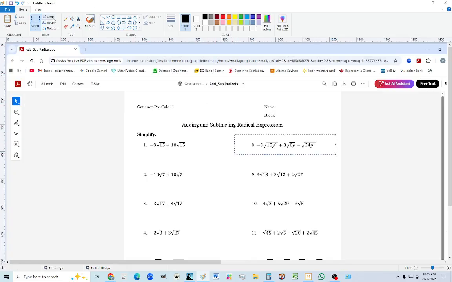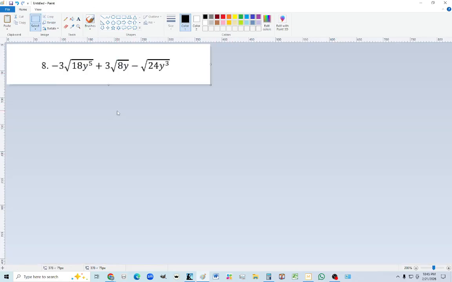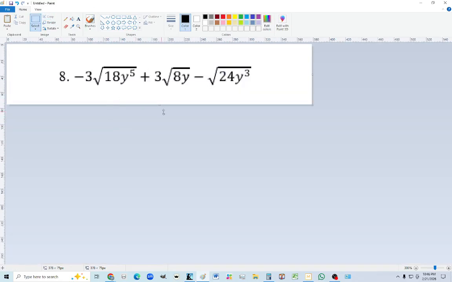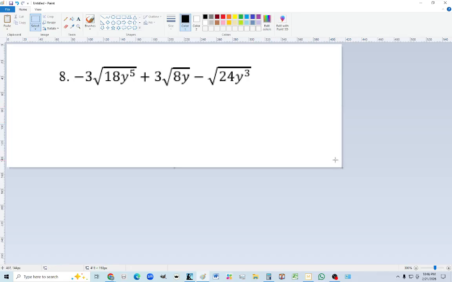This one, where it's getting trickier, is saying, what's the common number between 18, 8, and 24 that has a square root? Well, it'd be 4. Maybe not 8 for 18. It'd be 9 for 18. This one is 4.